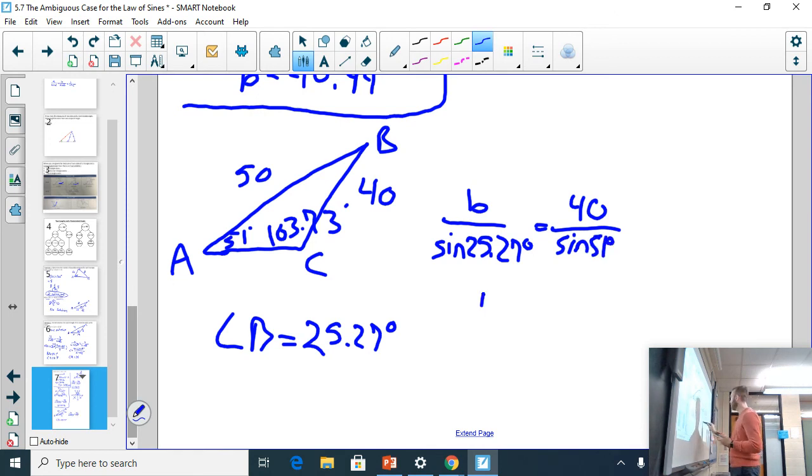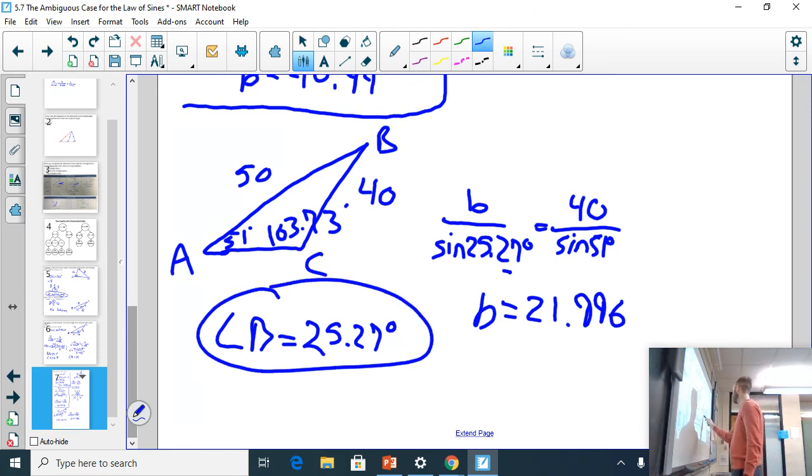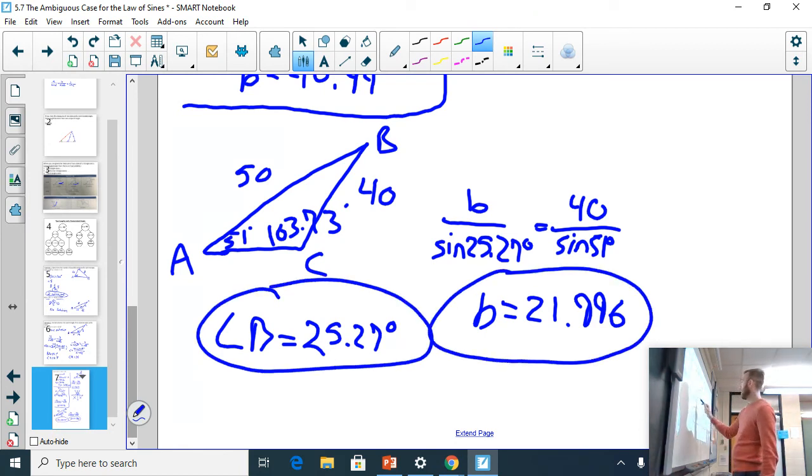And when we solve that, multiply that sine over, we are going to get that b is about 21.996. And that is going to solve our triangle because we got the extra angle and the side that's missing, and we got this angle C. And so those are our two different solutions that we found, those two different triangles.